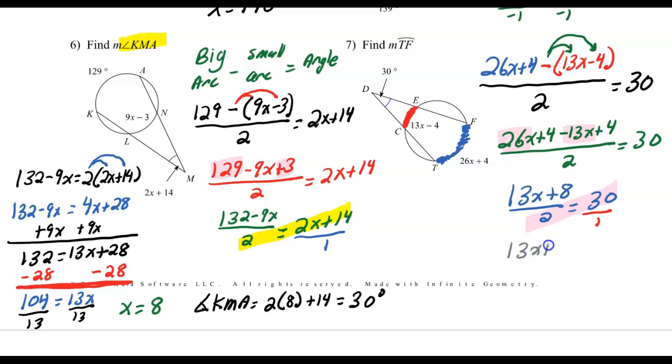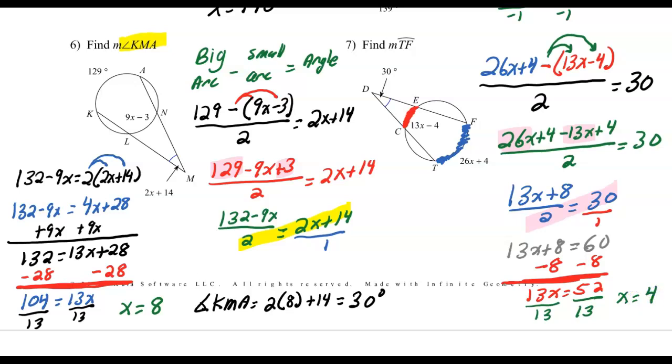So 13x plus 8 is 60. Take away 8. 13x is equal to 52. Divide by 13. And we'll get x is 4.